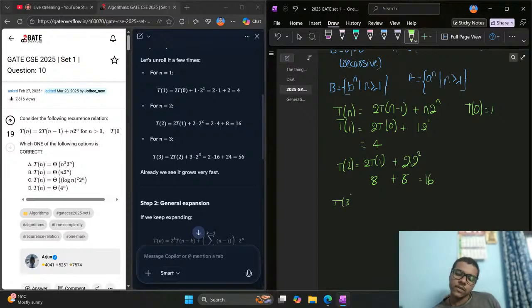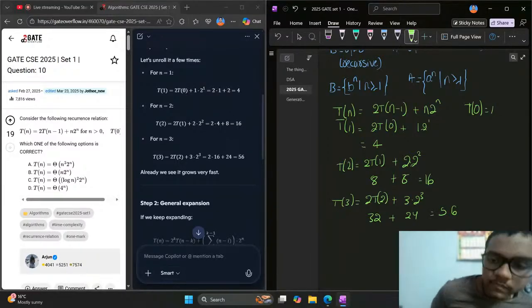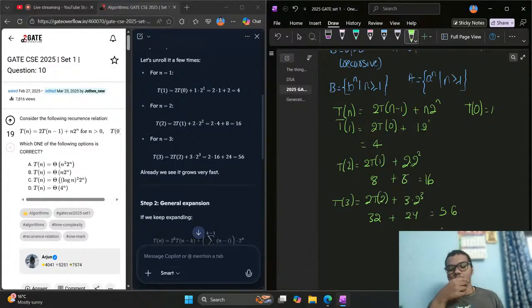And if you do T of 3, 2 times T of 2 plus 3 into 2 cube. 8 threes are 24, plus T of 2 is 16, this is 32. So this is 56. That's good. It grows fast.